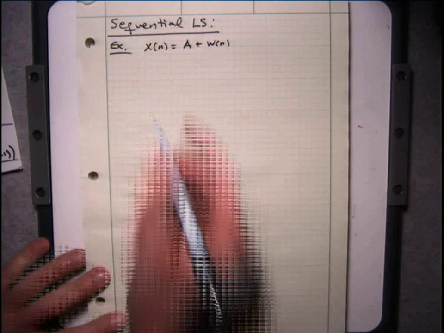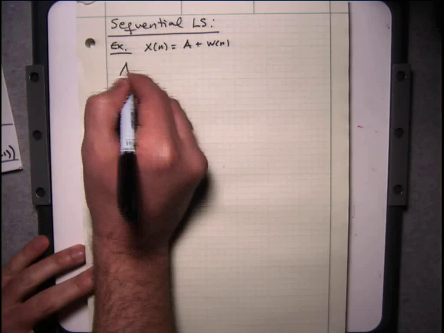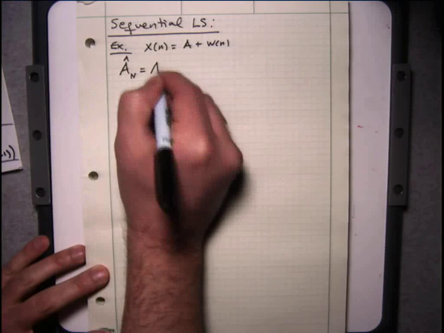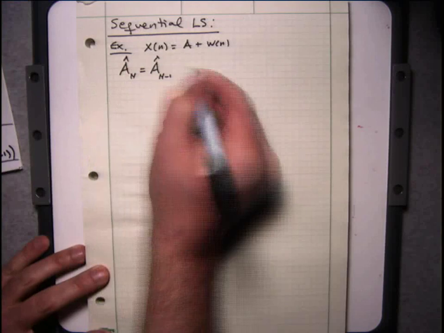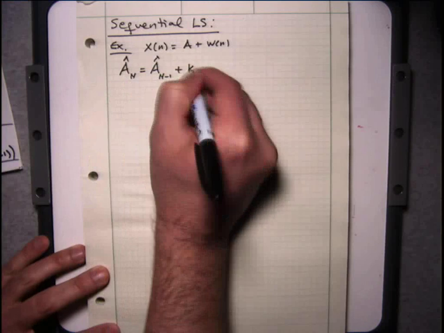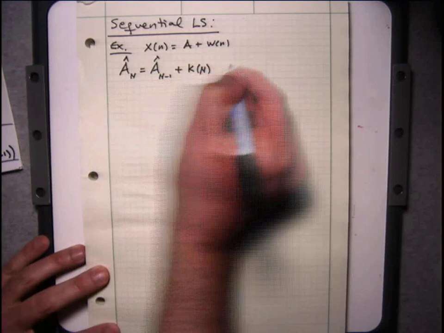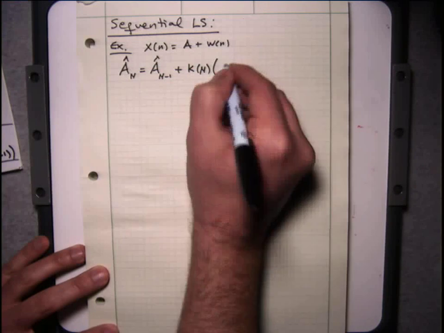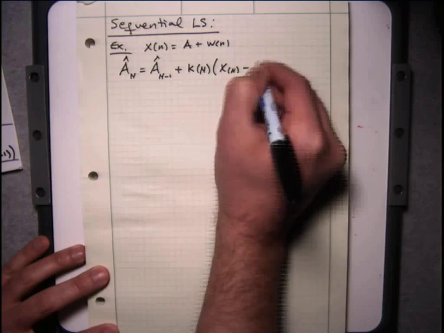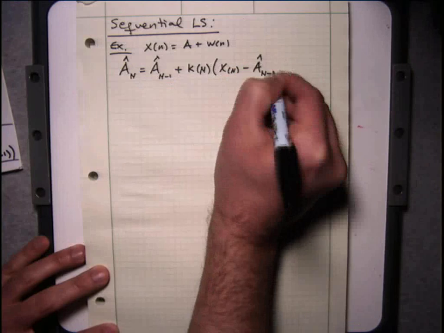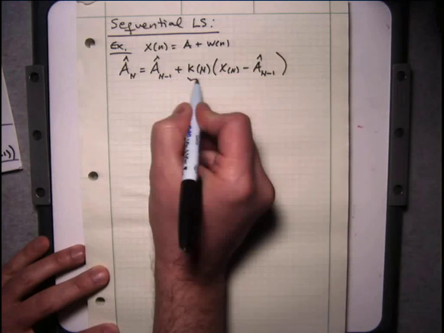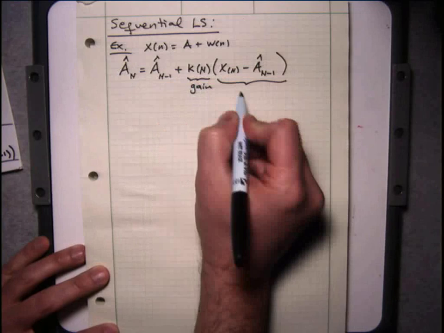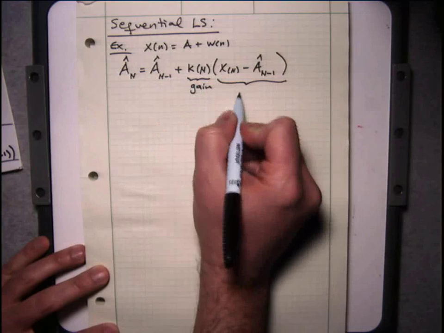The estimate a hat after n data points is the previous estimate plus a correction. This k of n is a gain, times the innovation, which is the new data minus a hat n minus 1.